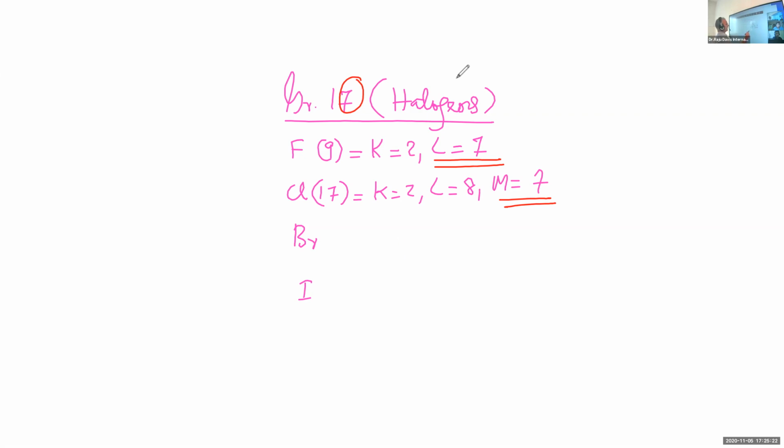And valency is equal to 8 minus n, that is 8 minus 7, which is equal to 1. Valency is equal to 1. So the elements in group 17, halogens, have the common valency 1. That is also due to the same number of electrons.